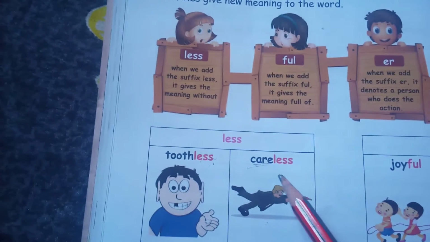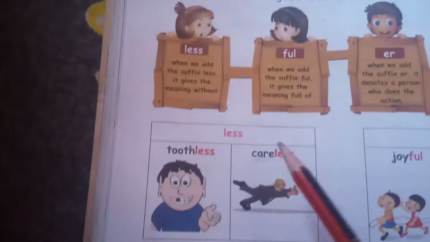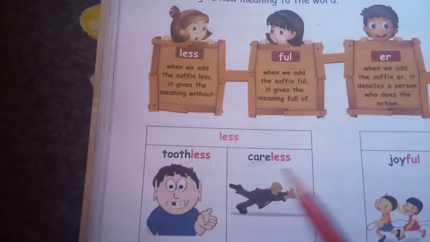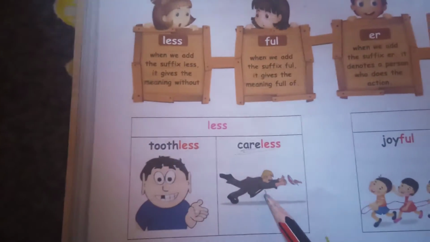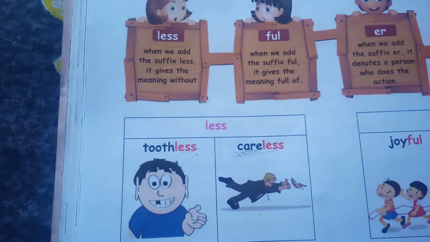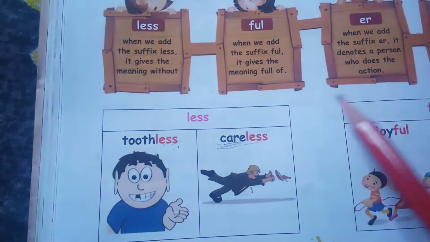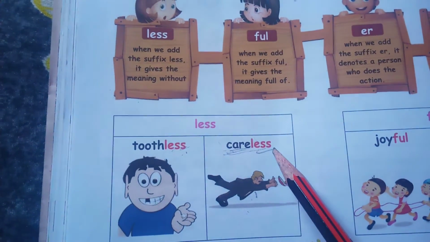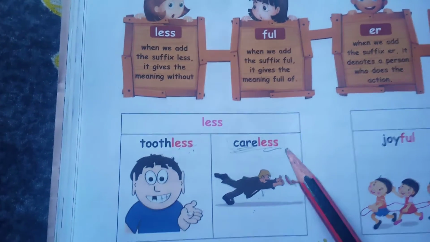But when you add less, it means you don't take care of anything. This is a careless boy. Care means you are a very careful person, but when you add the suffix less, it means you are not careful.